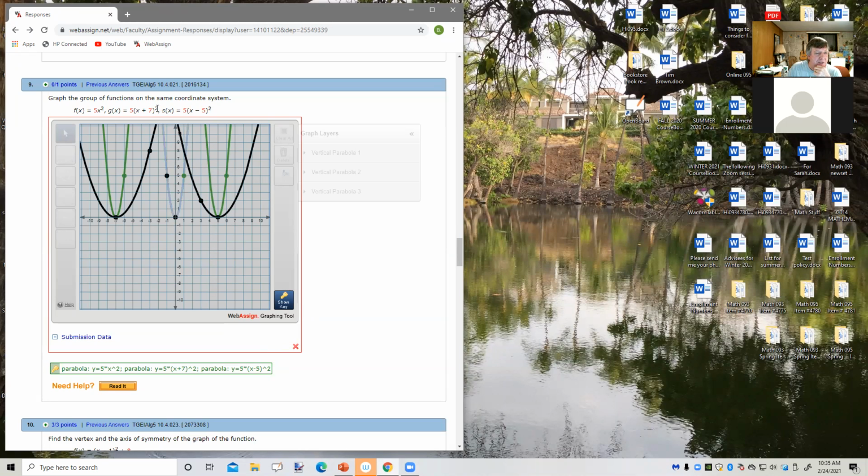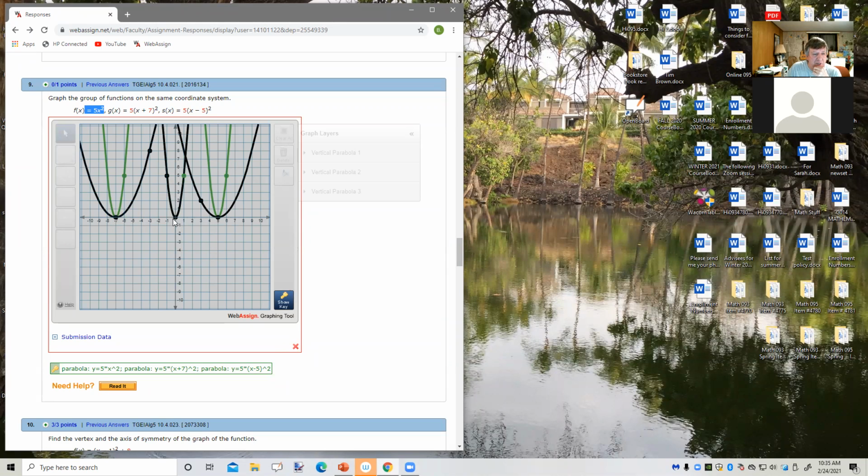Okay, this second one, g of x, says it's equal to 5 times the quantity x plus 7 squared. So how does that differ from this one? Well, there's a plus 7 on the inside, so that means we're going to go 7 units to the left. So if we start here and we go 7 units to the left, we get the vertex of the new parabola.